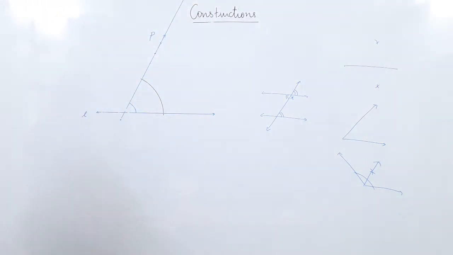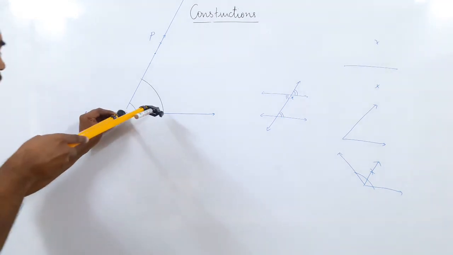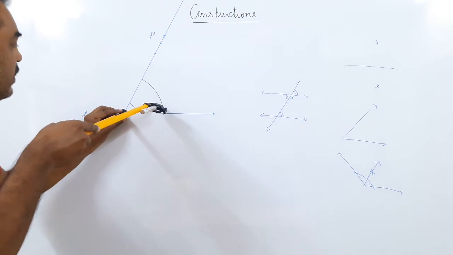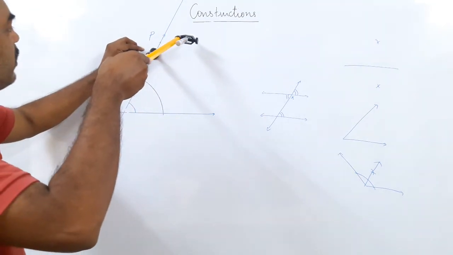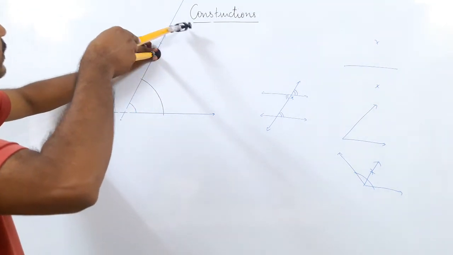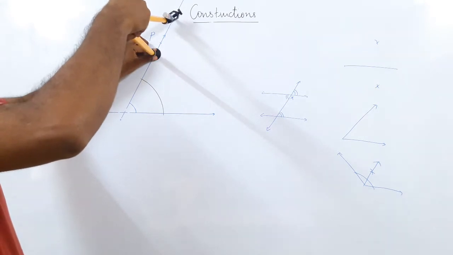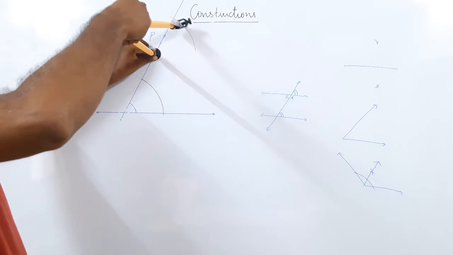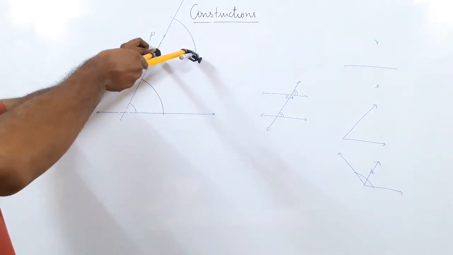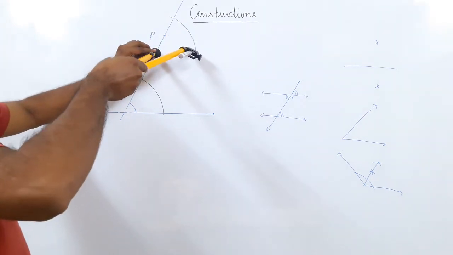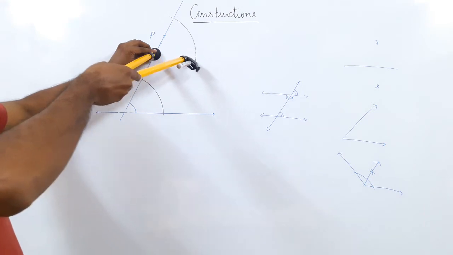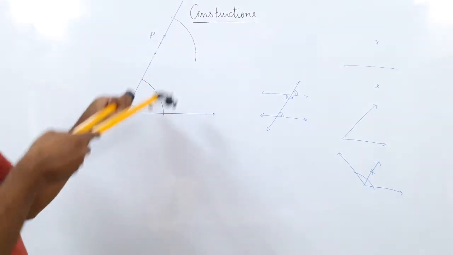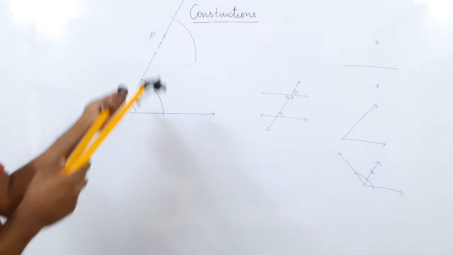Now what I have done, you can see, I drew a given arc. Now from this point which is given to me, with the same radius, I am drawing an arc. So is it clear to you what I did? From this point I drew an arc with the same radius.